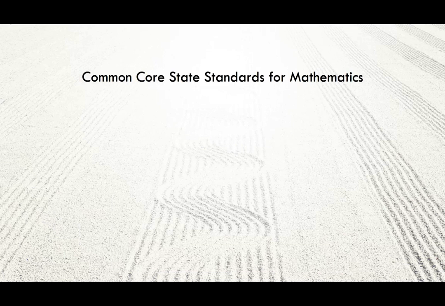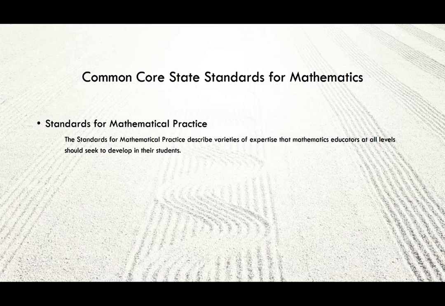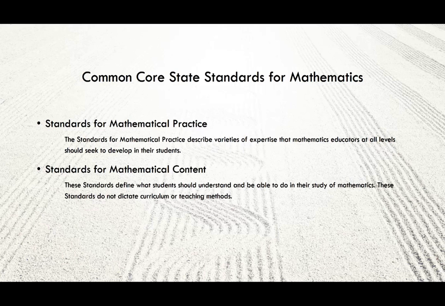So in order to address these important things, in addition to just getting knowledge and procedures, the Common Core State Standard for mathematics includes two parts: the Standard for Mathematical Practice and the Standard for Mathematical Content. Mathematical content is described grade by grade, including a clear expectation for each grade level.